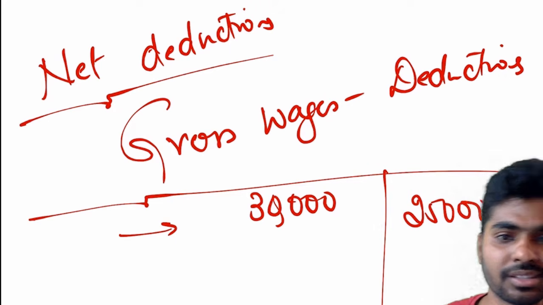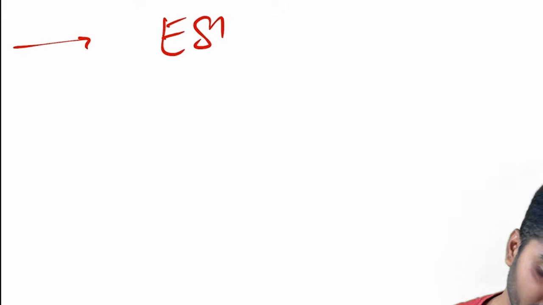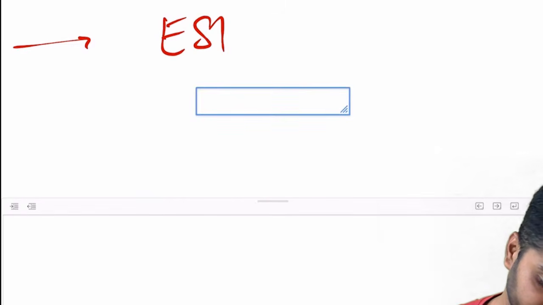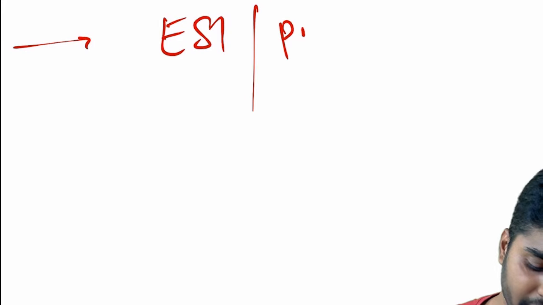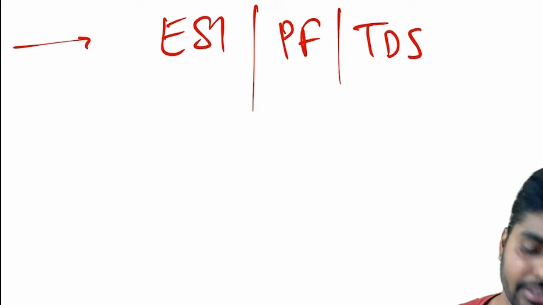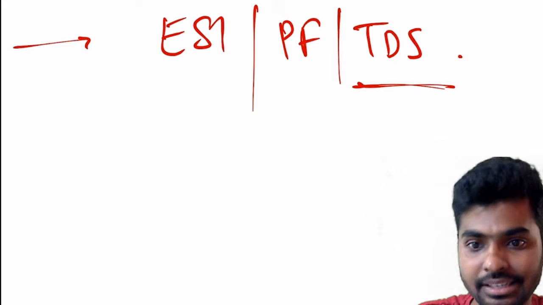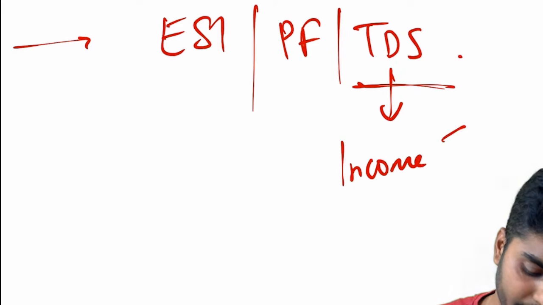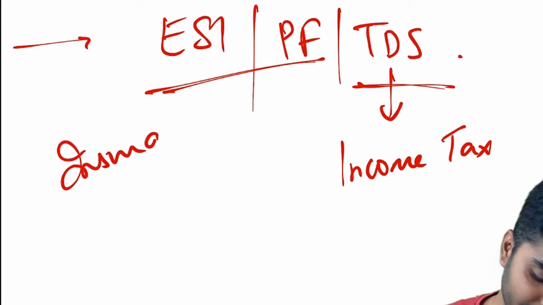Now how is this 30,000 and 25,000? What is this 5,000? In India there is compulsory deduction for ESI, there is compulsory deduction for PF and TDS. So we shall be deducting this. TDS is known as tax deducted at source. We can also call it income tax. ESI and PF are your insurance schemes.